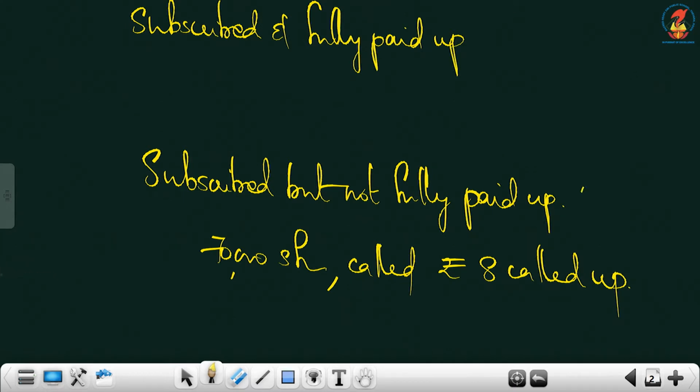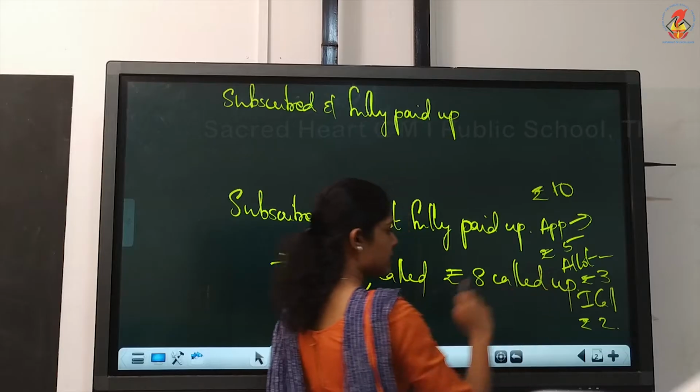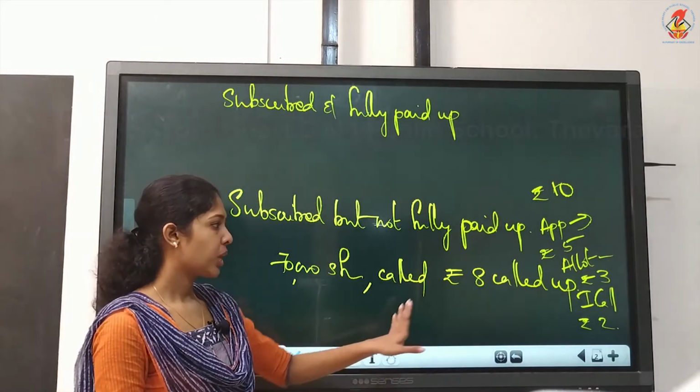That means the first installment, we know that it's application, suppose it is rupees 5, then allotment rupees 3, then first call rupees 2. So this is how we are getting that 10: 5 plus 3 plus 2.